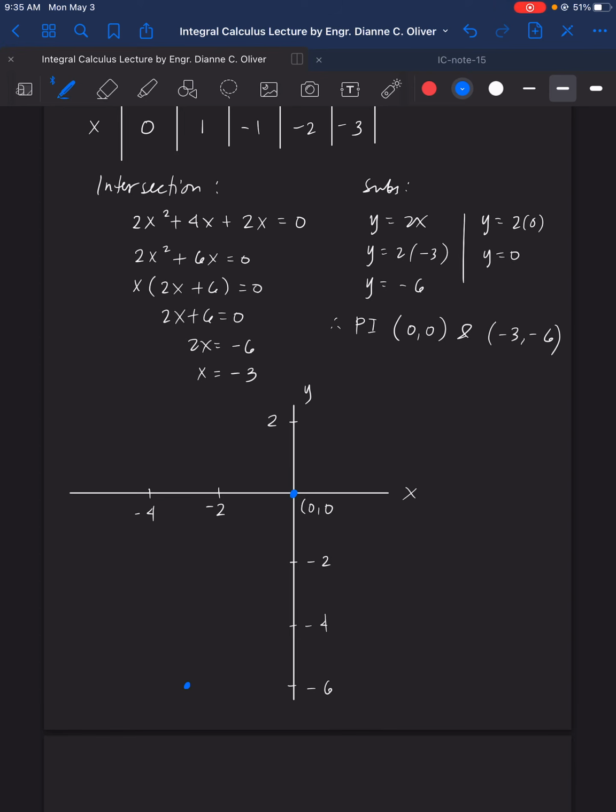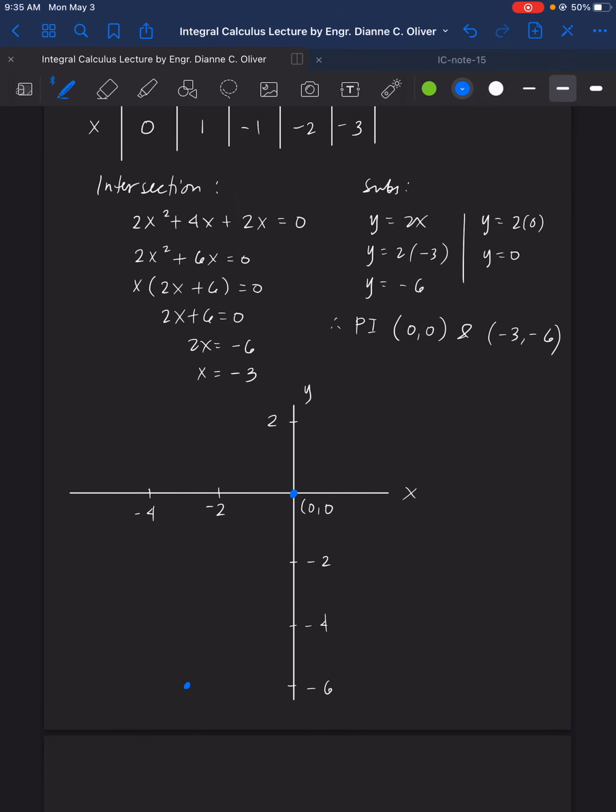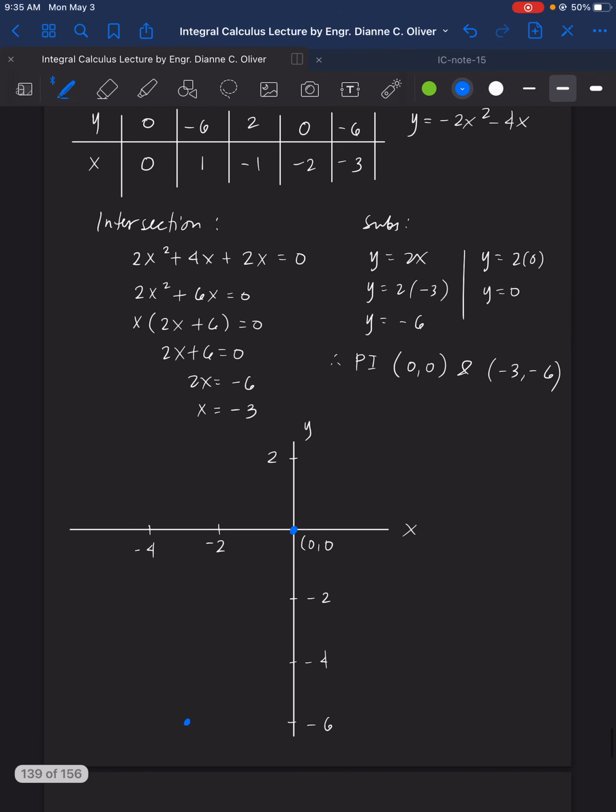Also, we have the curve. Okay, so let's put blue for the curve and green for the line. For the curve, we have here the points: y negative 6 is equal to 1 here, then we have 2, negative 1, this point here.